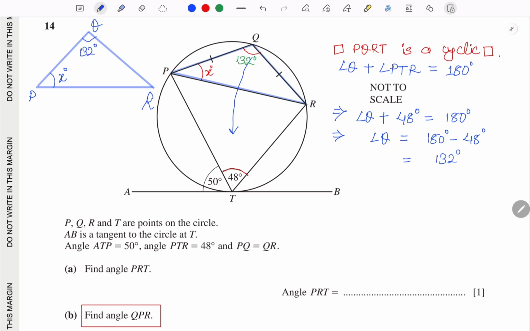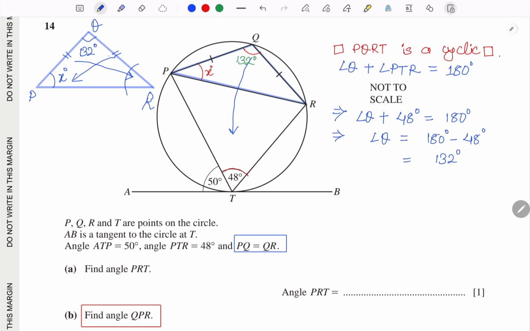In this triangle, there is something special going on. You can see that these two sides are equal. PQ is equal to QR. In a triangle, when two sides are equal to each other, the angles opposite to them will always be equal to each other. So this angle will be equal to x degrees because the sides are equal.